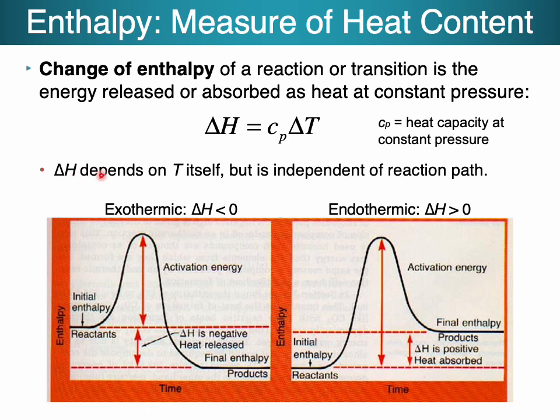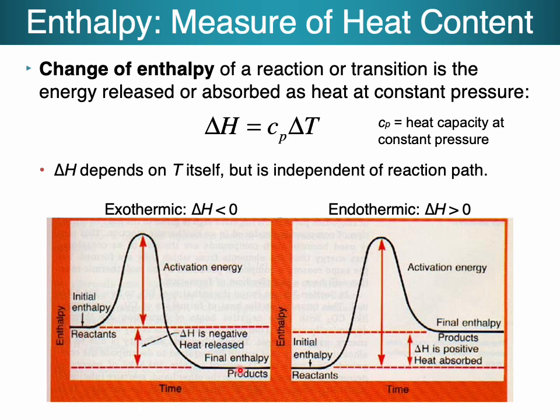So delta H itself depends on temperature, but it is independent of the reaction path. So here I'm showing you the reaction path, basically how energy, or enthalpy, is changing from reactants to products during a chemical reaction. There are two major kinds. So here I'm showing you reactants and products. Usually for a chemical reaction to proceed, some activation energy has to be overcome.